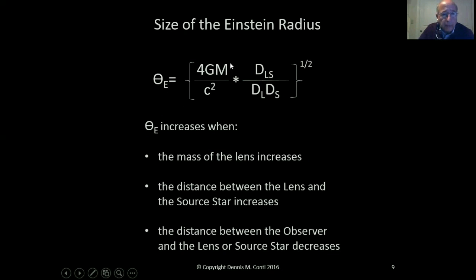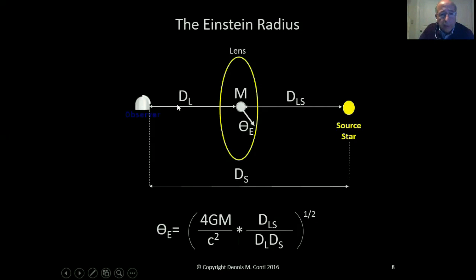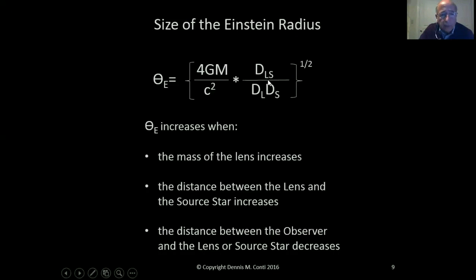So the larger the mass of the lens, the bigger the radius. The greater the distance between the lens and the source star will cause the ring to increase. And again, what we're talking about is between the lens and the source star. So the greater this distance, the bigger the ring.